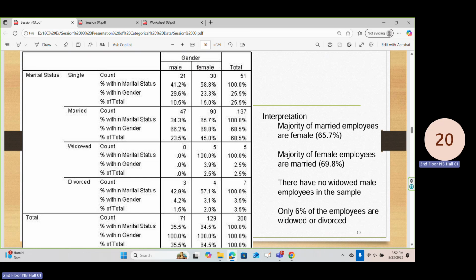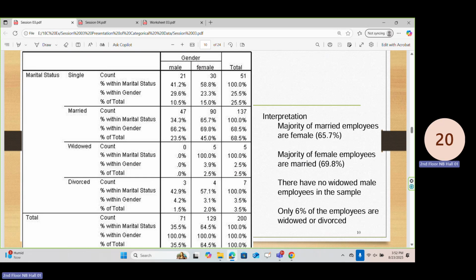Percentage within gender. Then here they consider about the gender ones. Then first column represent the male. Then it means we take all the male employees. Then they calculate what percentage of them are single. Then tell me how many male respondents are there, male employees are there. 71.